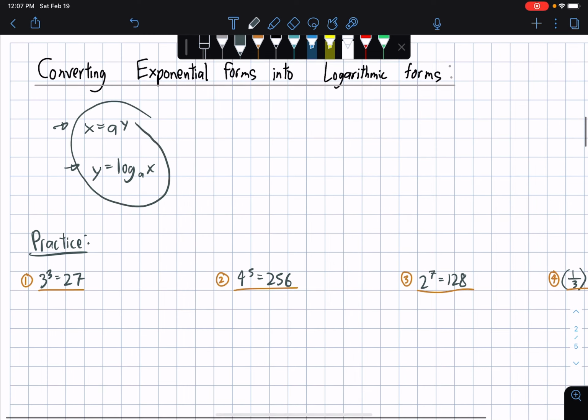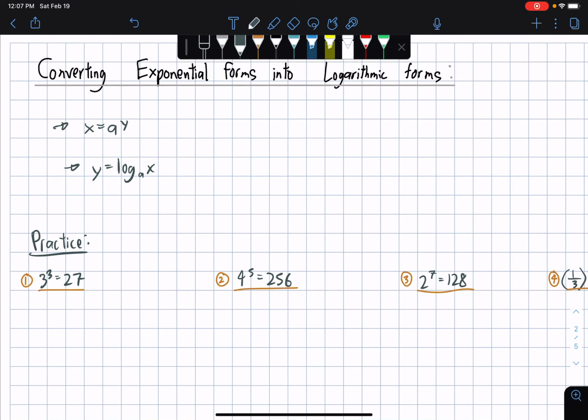Let's make use of this general solving into practice. Provided that we have 3 raised to 3 is equal to 27, it says here in the general guidelines, our x, assuming that it's 27 since it's a whole number, and a raised to y represents 3 raised to 3, we just swap the positions of the expressions within the equation.